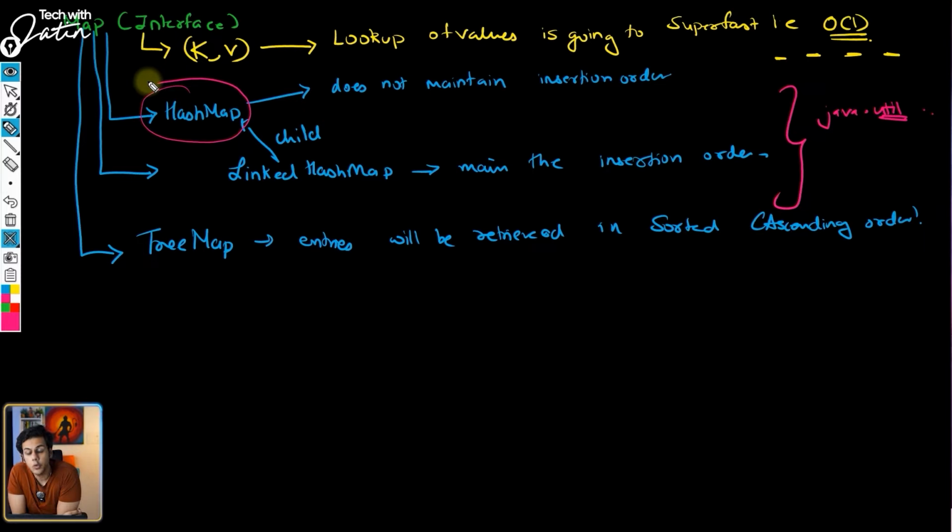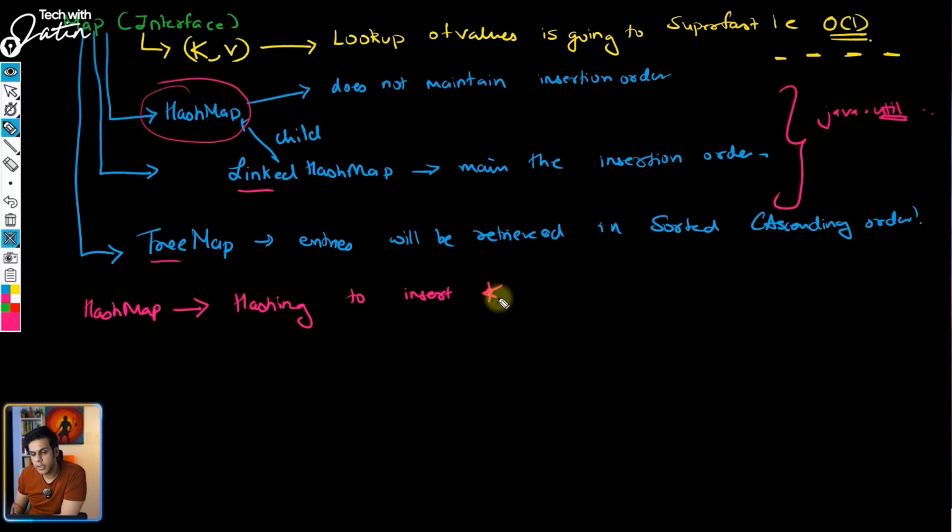Because it uses a special technique called hashing. So, retrieval from HashMap is constant. It is fast compared to your LinkedHashMap and TreeMap. So, HashMap uses a special technique called hashing to insert your key and value in the map.